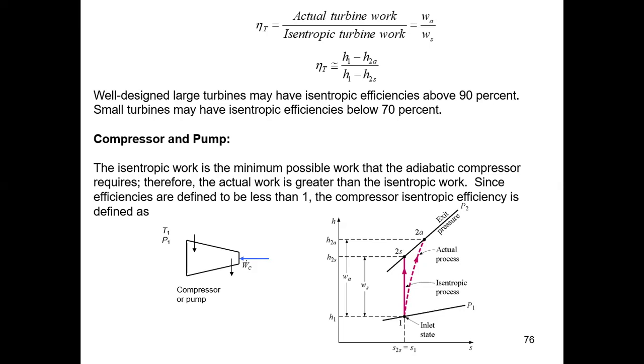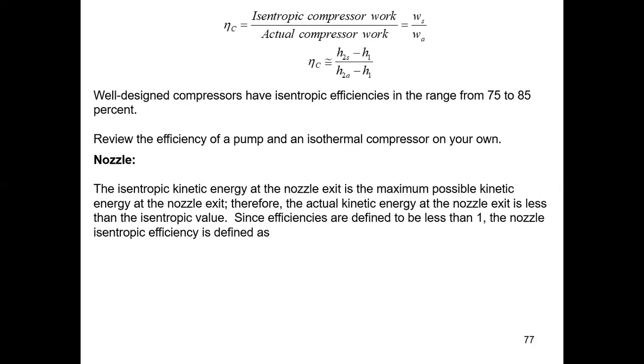And you see the ideal process, the isentropic process, is the vertical line going up from P1 to P2. The actual process deviates from the ideal process, as you can imagine. Finally, eta C, the compressor efficiency, is given by this formula. Well-designed compressors have isentropic efficiencies in the range from 75 to 85%.